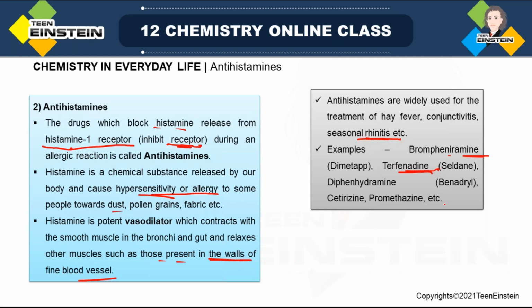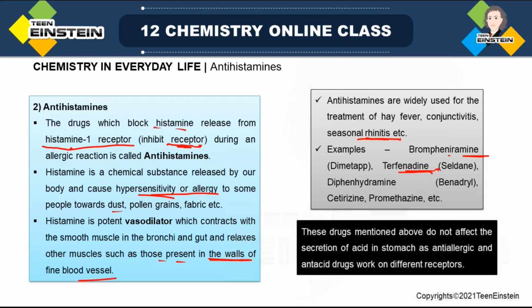Now, as I have said, the above-mentioned drugs that you are seeing here as examples do not affect the secretion of acid in the stomach. Why is it so? Because these are basically anti-allergic drugs. They are not antacids. So remember, the anti-allergic drugs, the names that you are seeing here, and the antacid drugs work on different receptors.